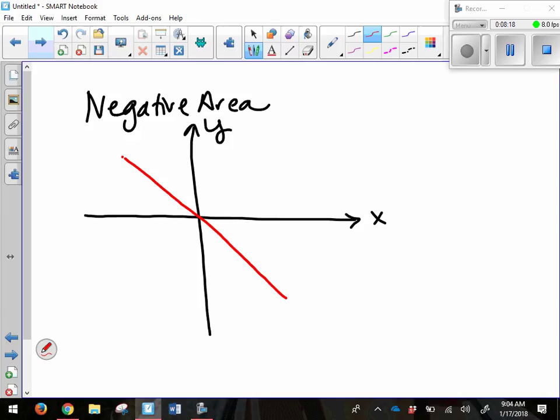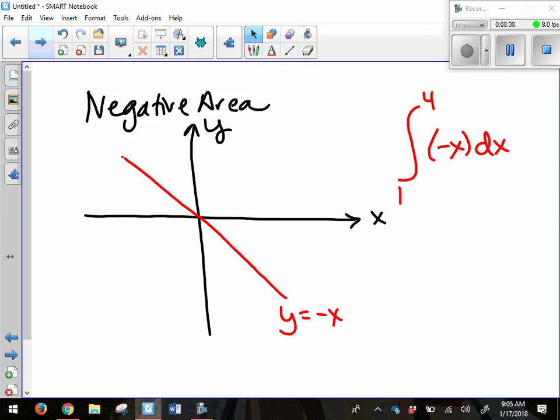So if I have some line here, which I believe is y is equal to -x, I could be wrong. And I want to take the integral of -x dx from 1 to 4. So I'm going to take it from here to here.